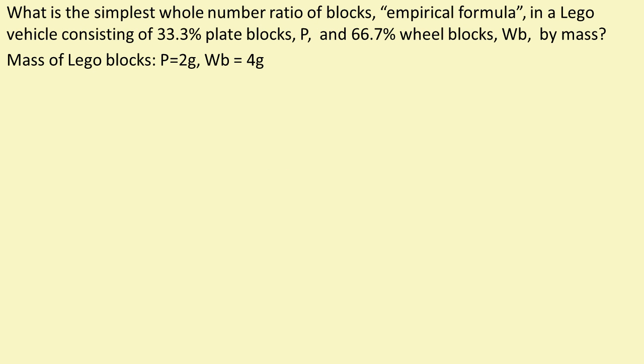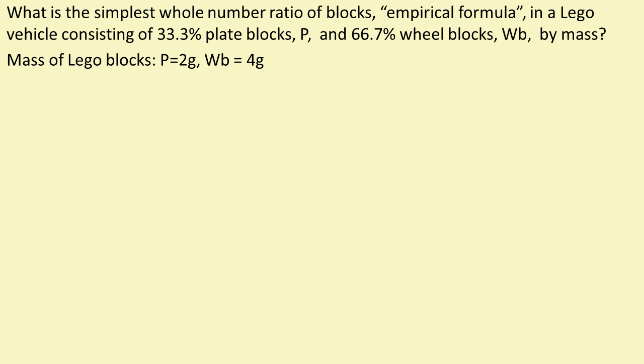You may wish to pause the tutorial and try this question yourself before having the answer revealed. What is the simplest whole number ratio of blocks in a Lego vehicle consisting of 33.3% plate blocks and 66.7% wheel blocks by mass?